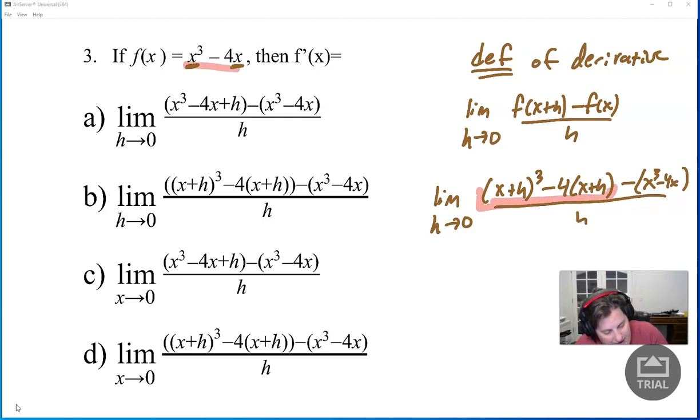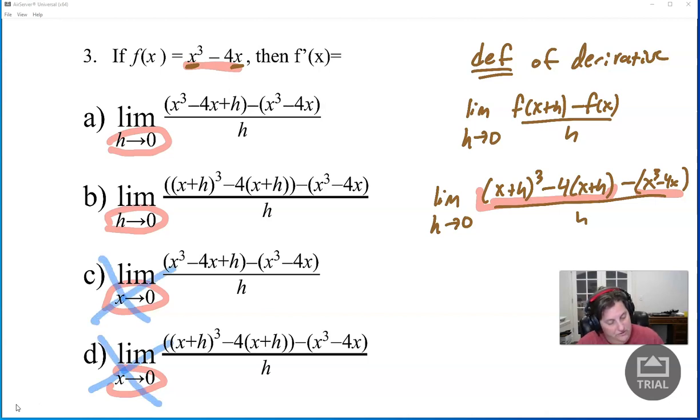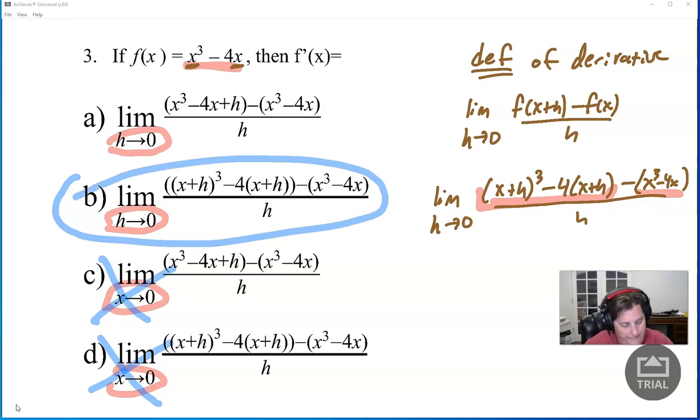This is me plugging in x plus h, minus f of x, so it's minus the original, over h. Notice, because this is something easy to miss, these go as h approaches 0, not as x approaches 0. It's definitely not as x approaches 0, it's as h approaches 0, and then we just look at which one matches up, and it's that one.